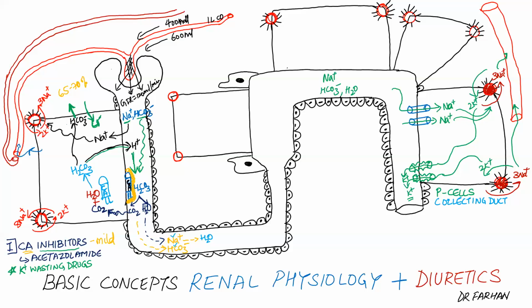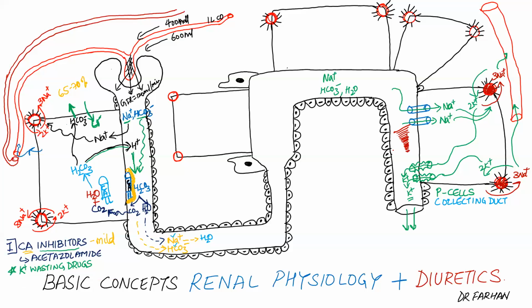All right. So now, another conceptual point that I have to make over here is that when the sodium is getting reabsorbed and the potassium is getting excreted, this area, since it is losing positivity continuously, will become highly electronegative.